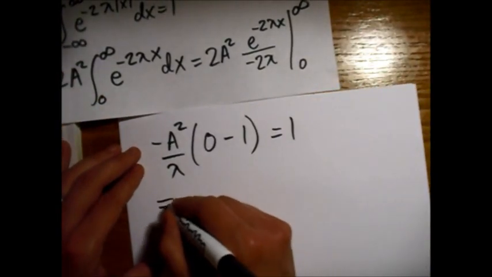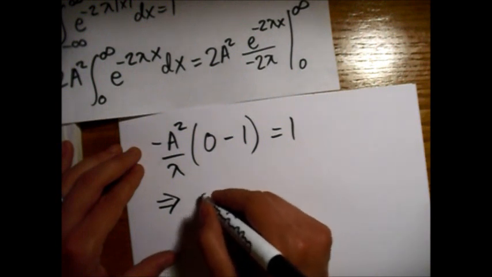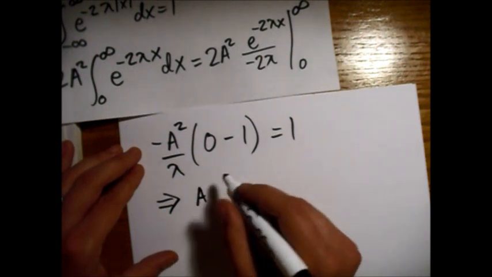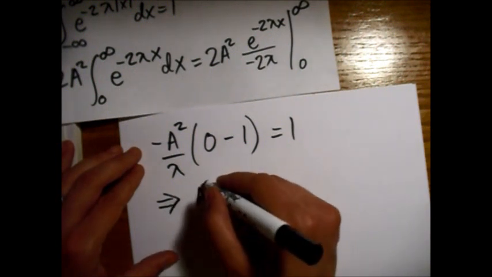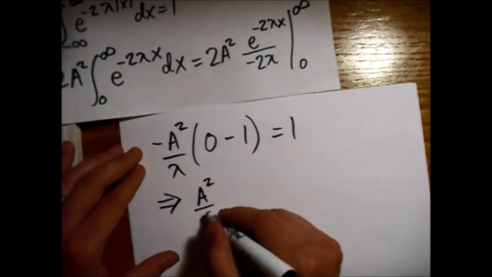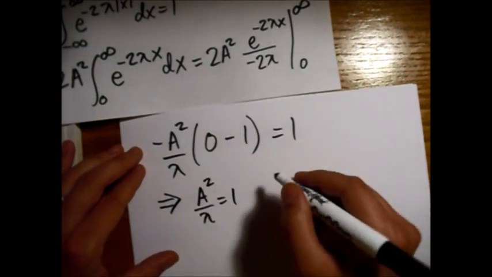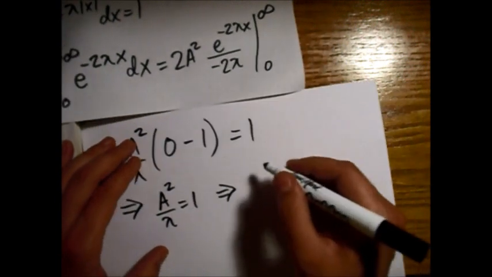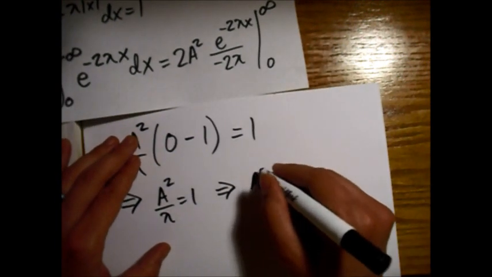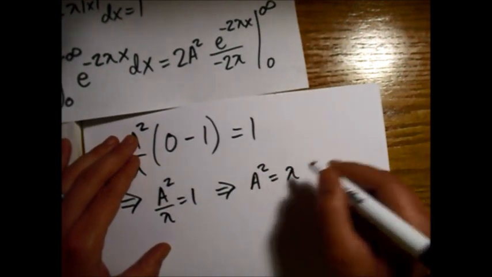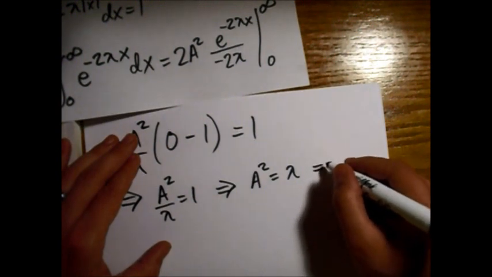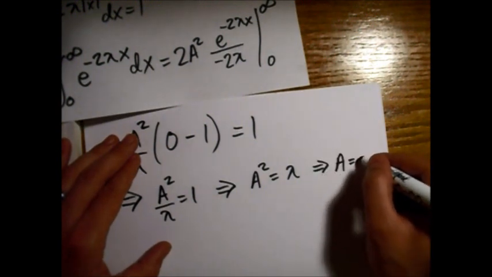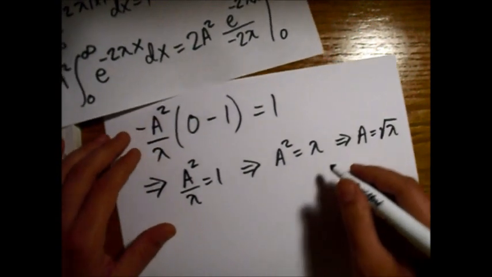So this means that we have A squared over lambda equals 1. So A squared equals lambda. So A equals the square root of lambda.